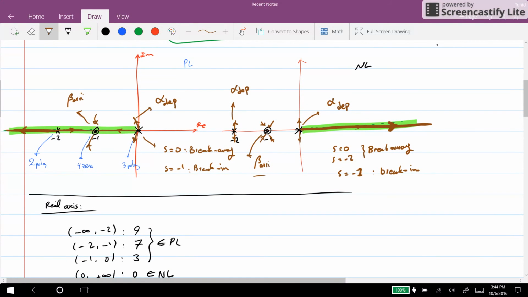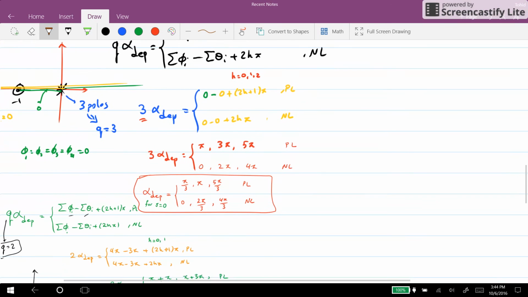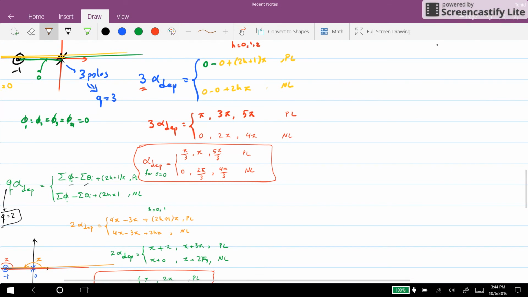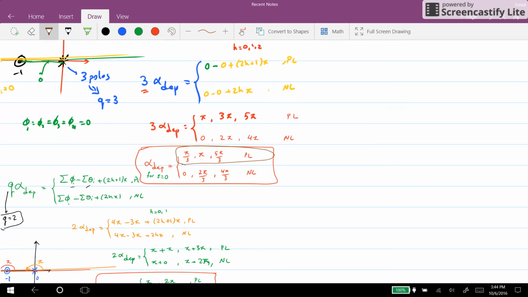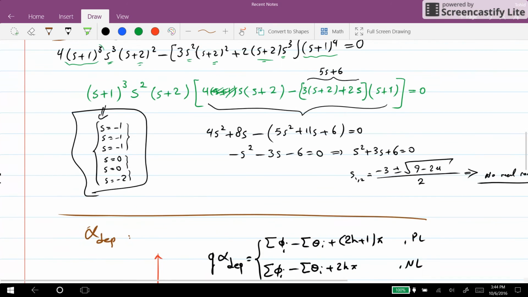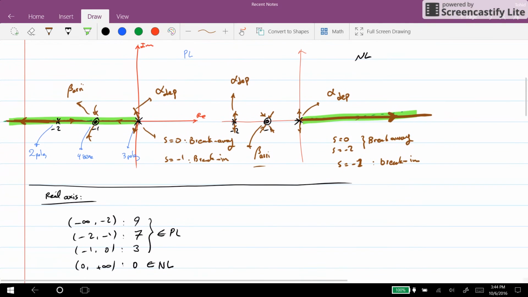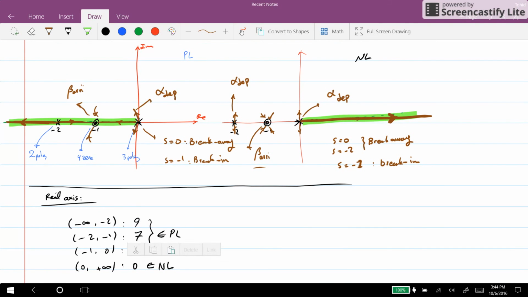We have found the departure angle for the poles at the origin. For the positive locus, we have pi over 3, pi, and 5 pi over 3. So the angle here will be equal to pi over 3, and the angle here will be equal to 4 pi over 3.